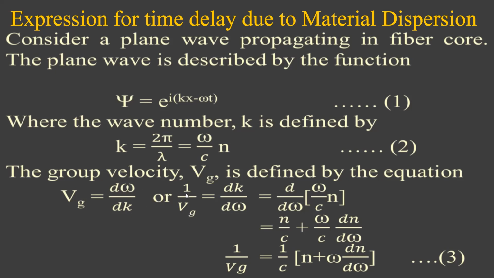Reverse this equation, it becomes 1 by Vg is equal to dk by d omega. So this is equal to d by d omega of k, and this k from equation 2 is omega by c into n. Now you differentiate this equation with respect to omega.